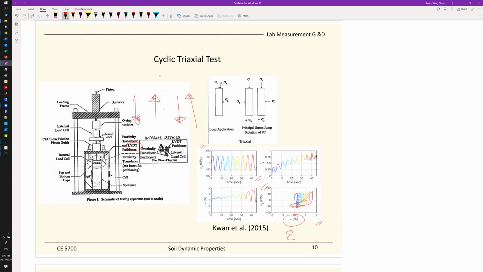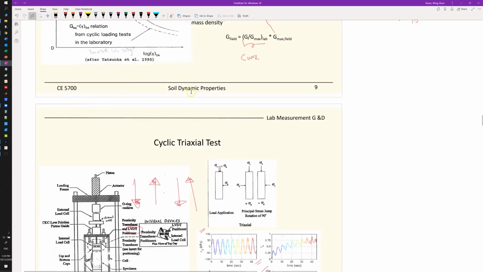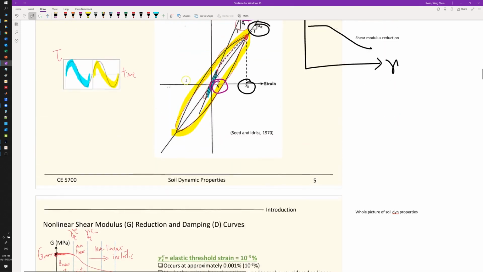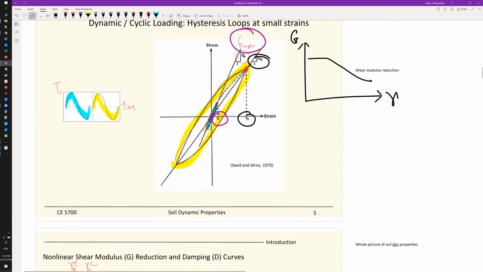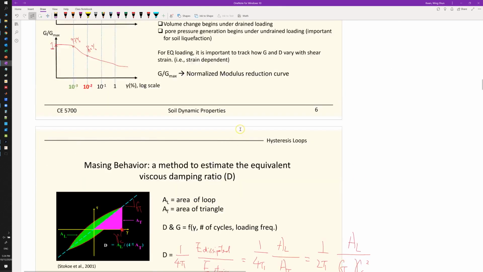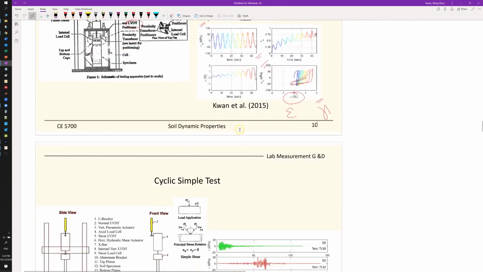And if this is shear strain, you will use gamma. This is the stress strain curve, and we talked about the hysteresis loop at the very beginning of this class. Those are the hysteresis loops based on lab measurements.